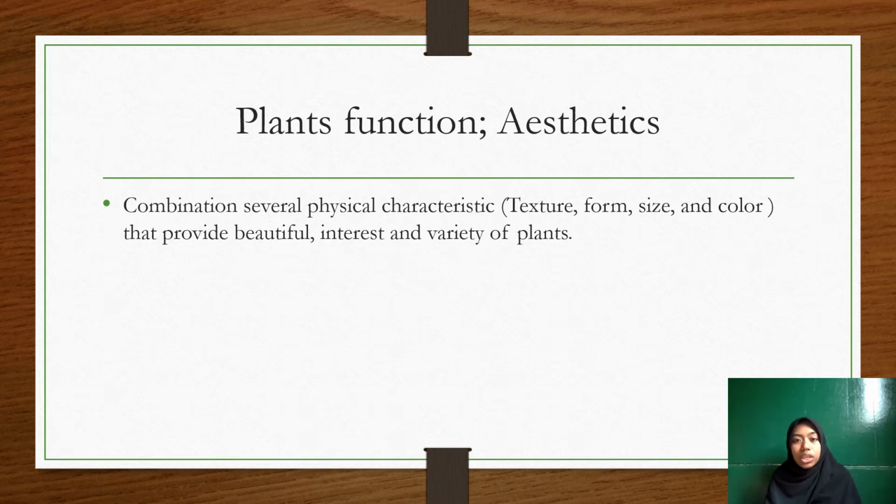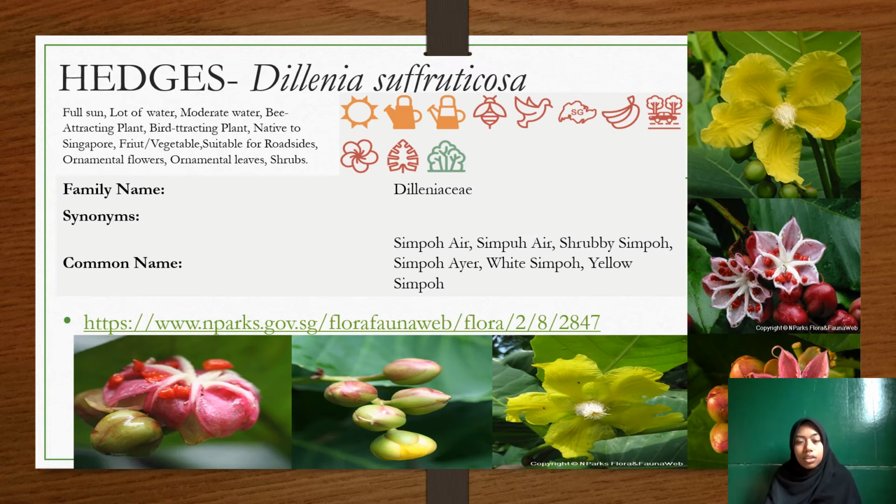The plant function of aesthetic plants is a combination of several physical characteristics of texture, form, size, and color that provide beautiful interest and variety to the plant. For the hedges, the plant is Dillenia suffruticosa.